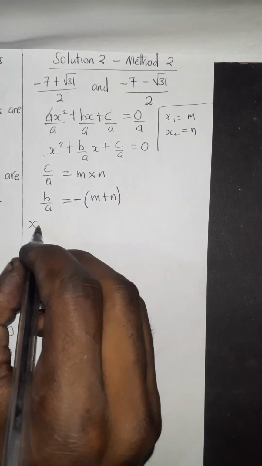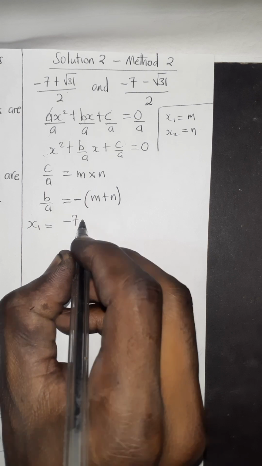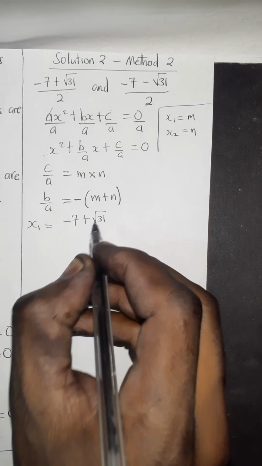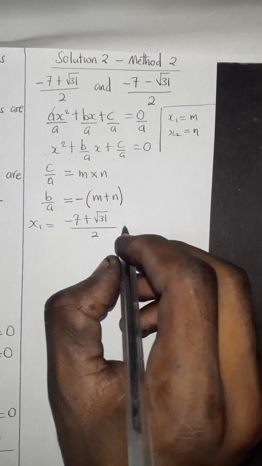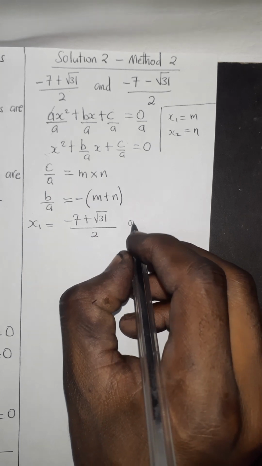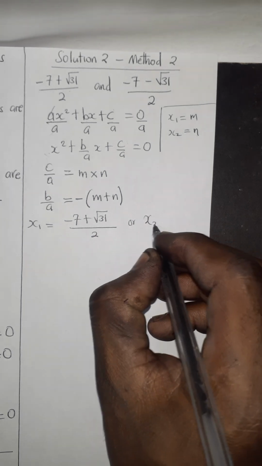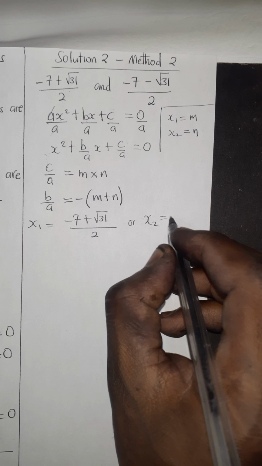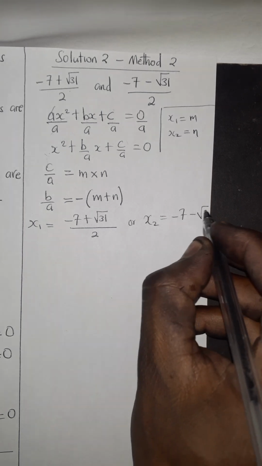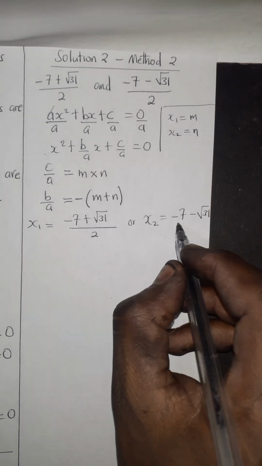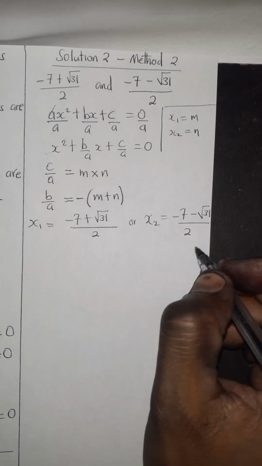For example, x1 equals negative 7 plus root 31, all over 2, and x2, the second value of x, is equal to negative 7 minus root 31, all over 2 as well.